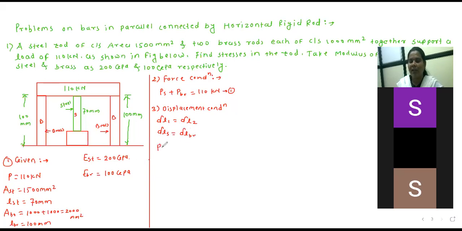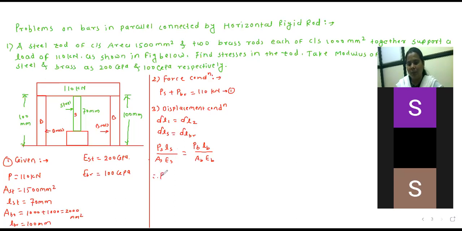By using the PL upon AE formula. So force for steel, length for steel divided by area of steel into Young's modulus of steel, is equal to, here also the same formula, force for brass into length for brass divided by area of brass into Young's modulus of brass. Now we will rearrange this equation.